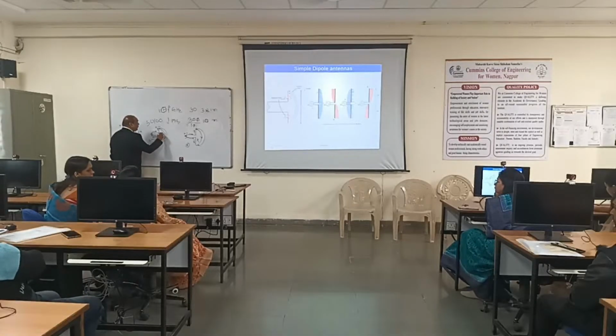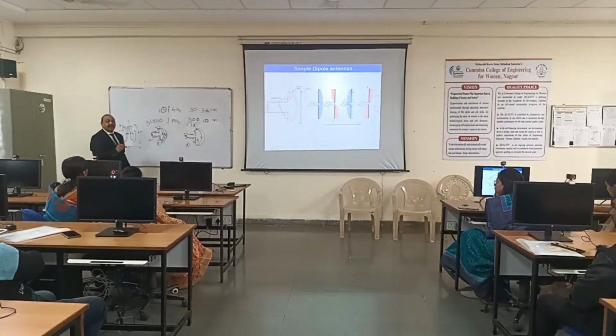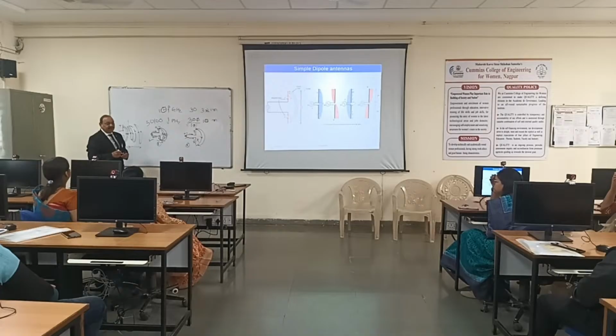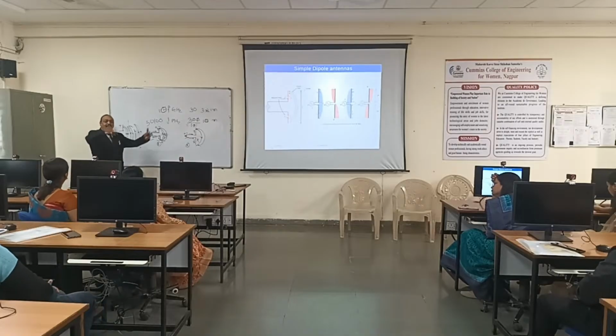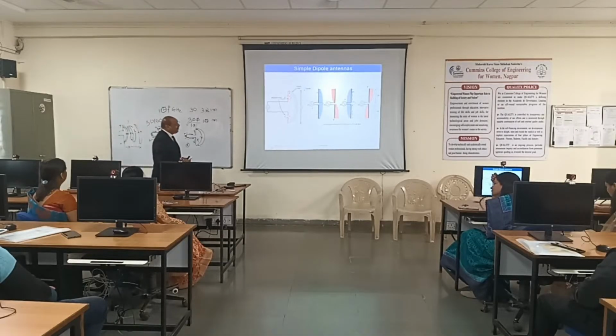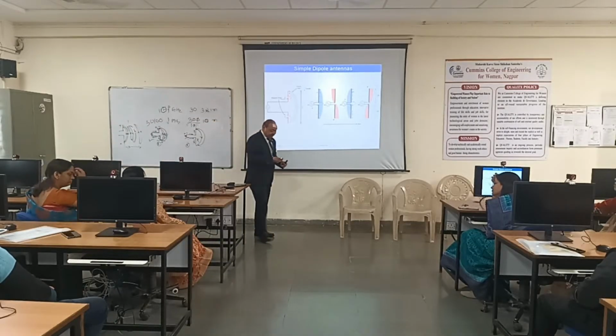Let us say these are the directions. This is positive, this is negative. Perfect. How does the loop get completed? It goes this way, and this way. This is how the loop has to be complete, and that's why the direction of current is like this. This is very basic. So we should gain something while listening to this particular session.